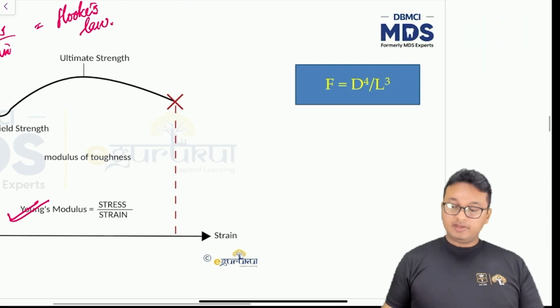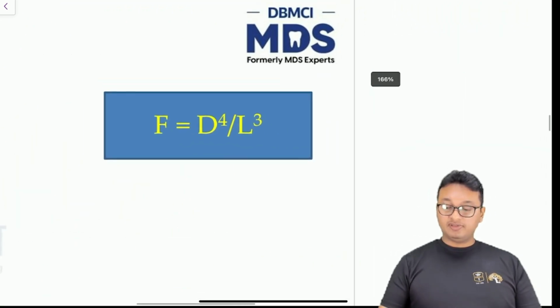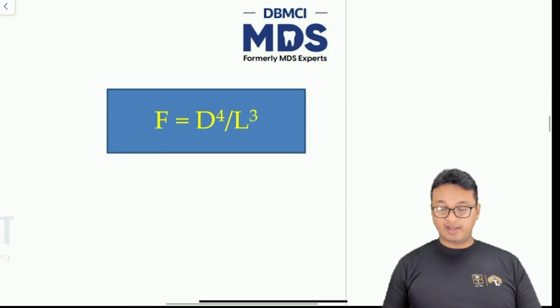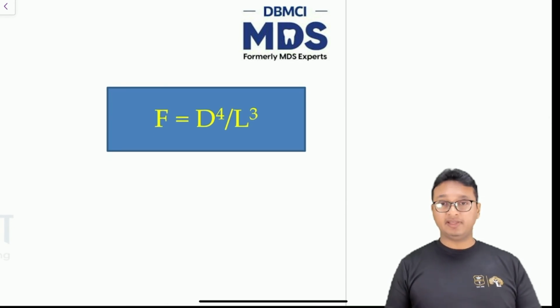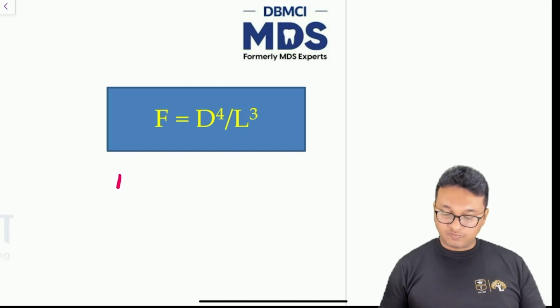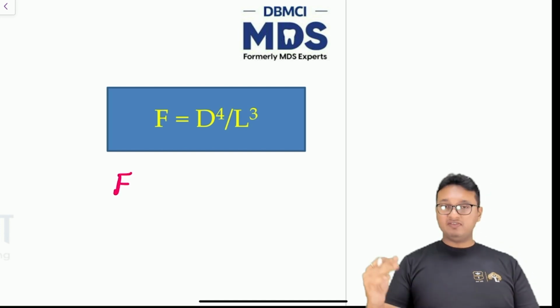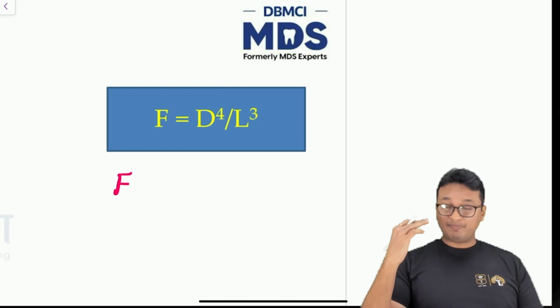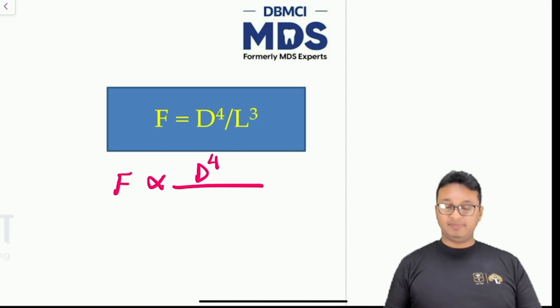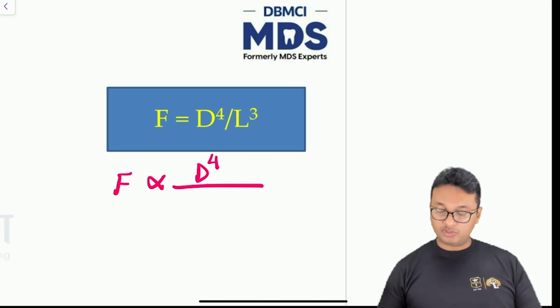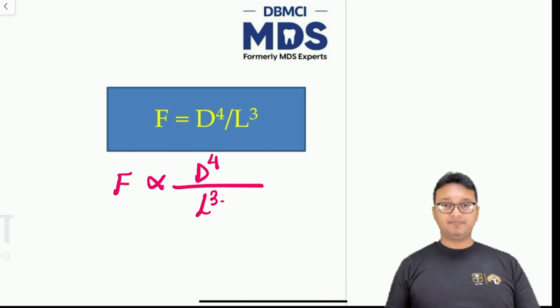Okay? Now this is a very important equation, and I have seen many application based questions coming out of this particular equation. Now what it says, that force generated by any wire is dependent on the fourth power of the diameter of the wire upon, means it is inversely proportional to, the cube of the length of the wire.